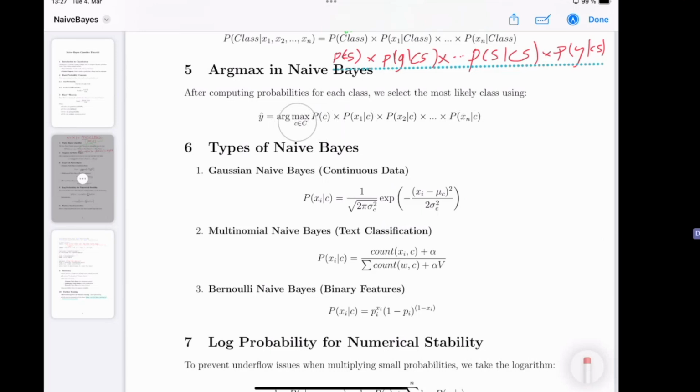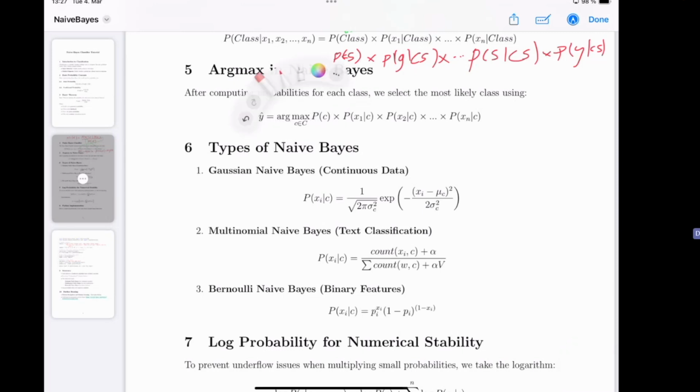So argmax, I said argmax is a search, the argument which makes what comes after it maximum. The argument which makes this maximum is the answer. So what is that argument? It is our class.